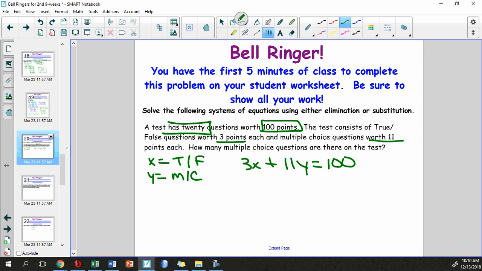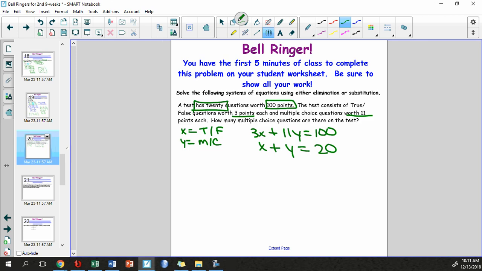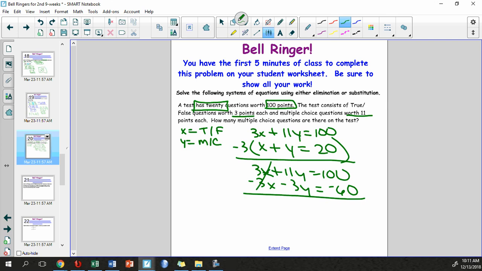However, there are 20 questions on the test, so my multiple choice and my true and false together have to add to give me 20. And from there, you're going to go ahead and solve for this. I'm going to multiply the bottom one by -3. So 3x plus 11y is equal to 100. -3x minus 3y is equal to -60. Those cancel out.